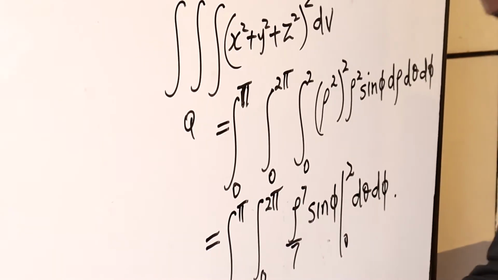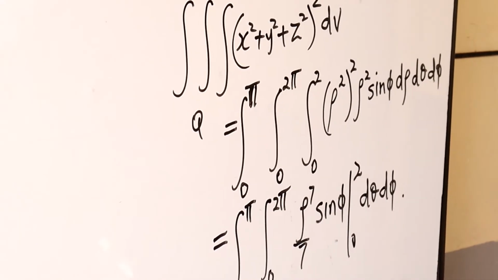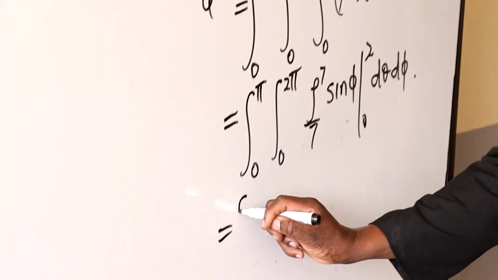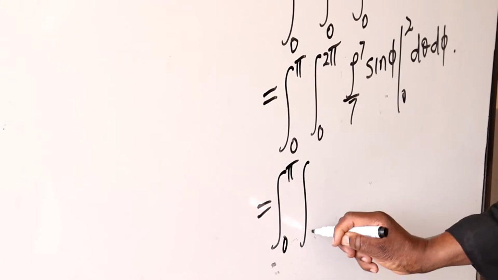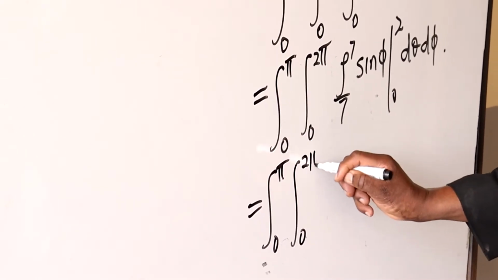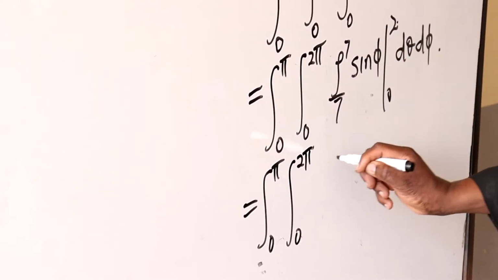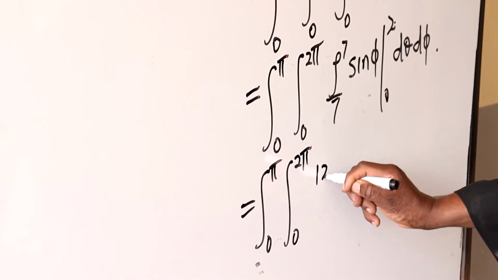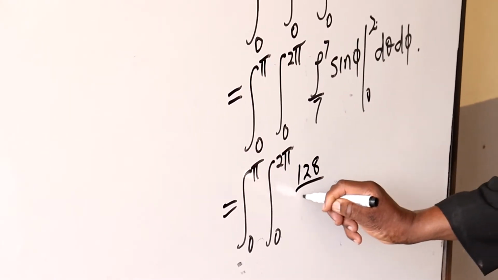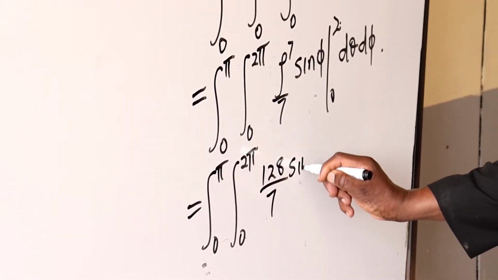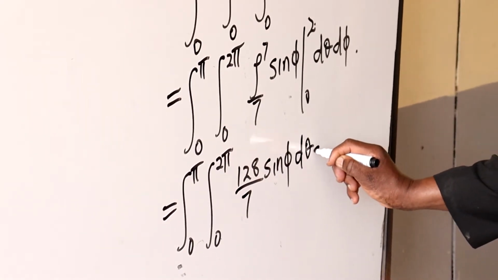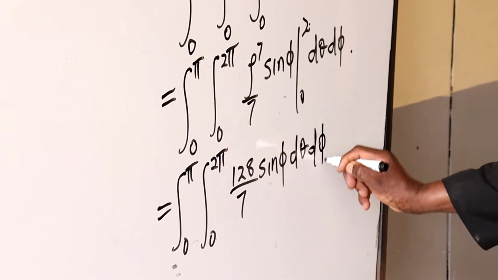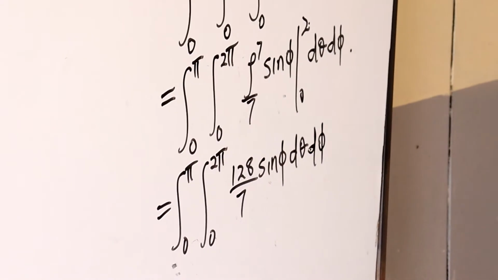When this one is inserted, we are going to get, with phi from 0 to pi and theta from 0 to 2 pi, 2 power 7, that is 128, all over 7, sine phi, d theta, d phi.